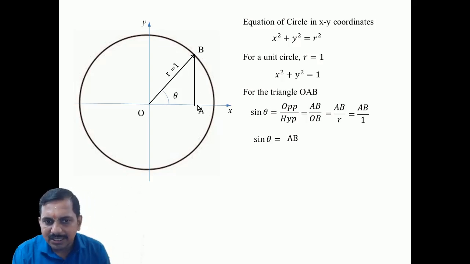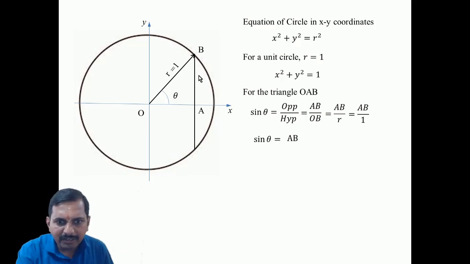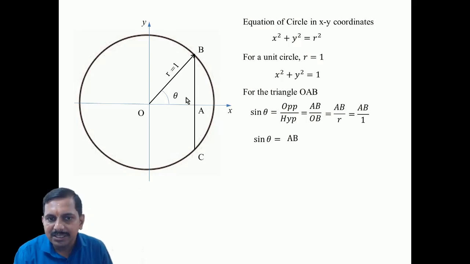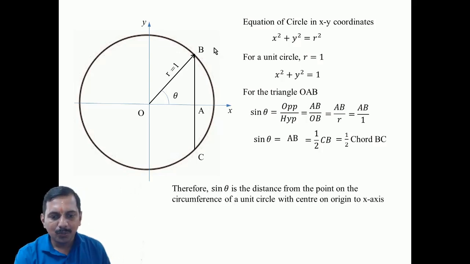Let us understand how this relates with the chord of a circle. In fact, if I draw the chord which is B to C, sine theta, which is AB, will become half of the chord CB. So actually he has used the word jya, but sine implies ardha jya, meaning half jya. So what is sine theta?